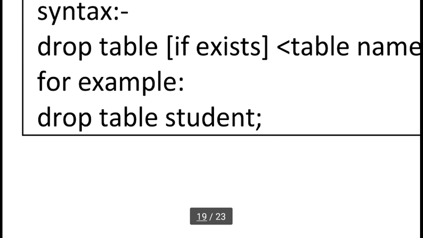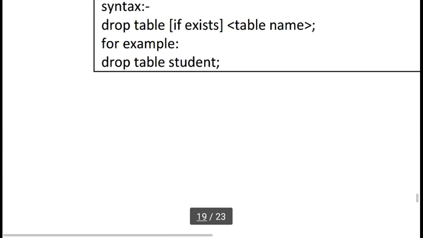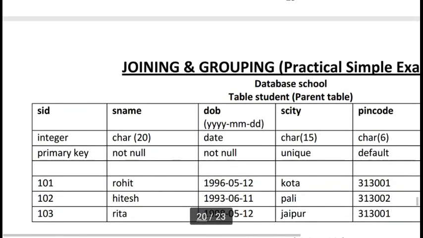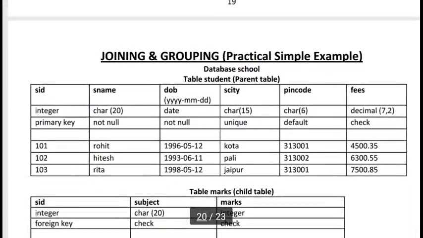Including column names, all rows, all constraints, all columns, and the student name, everything will be permanently deleted from the school database. So these are the commands you can see.